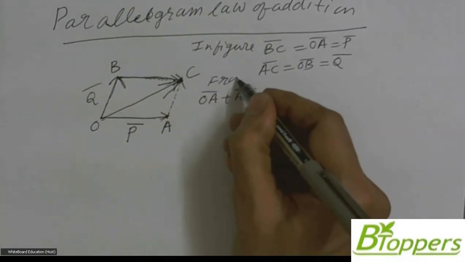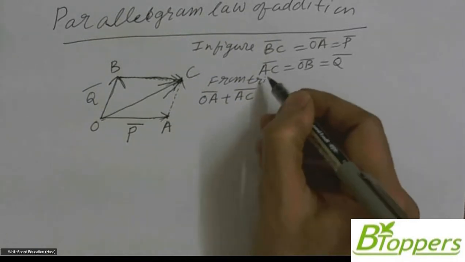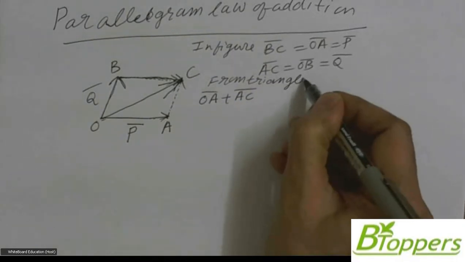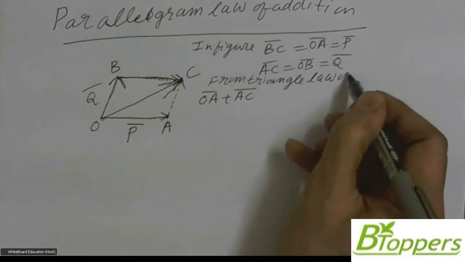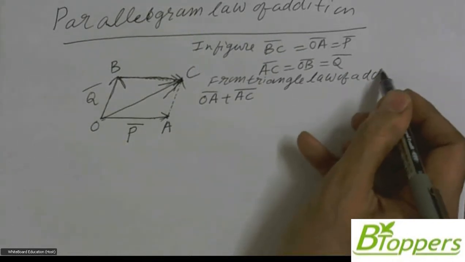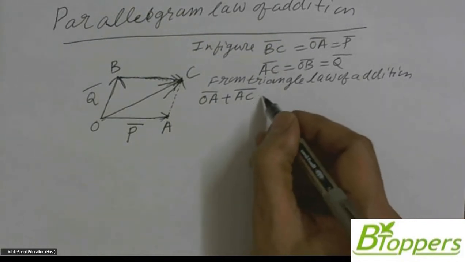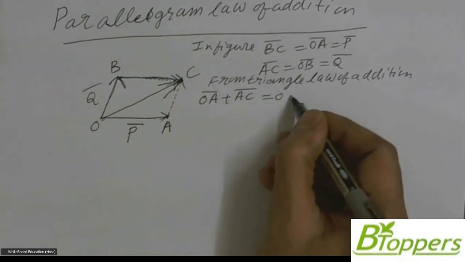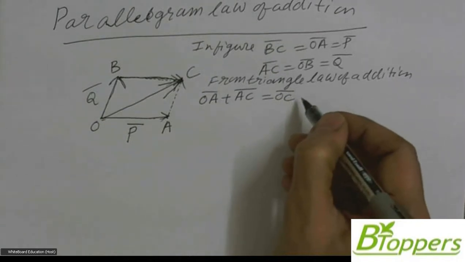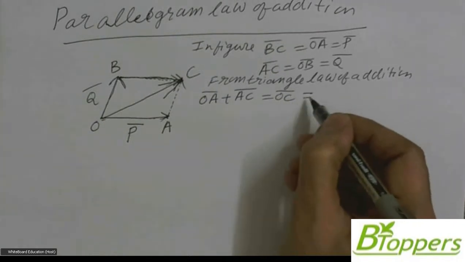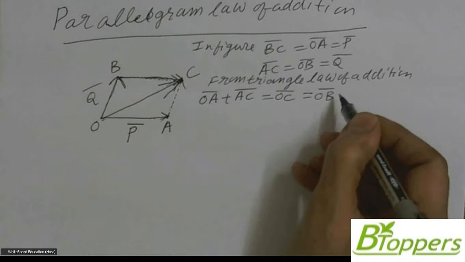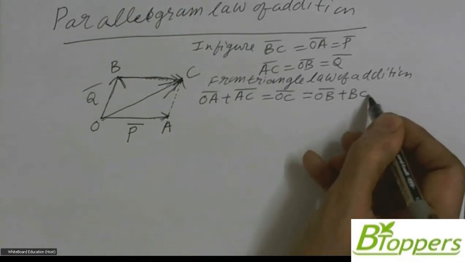So from the triangle law of addition of vectors, you can say OA bar plus AC bar equals OC bar, or you can also write it as OC bar equals OB bar plus BC bar.